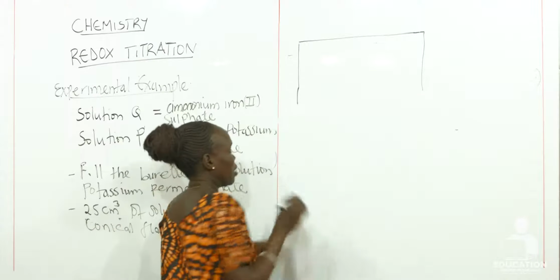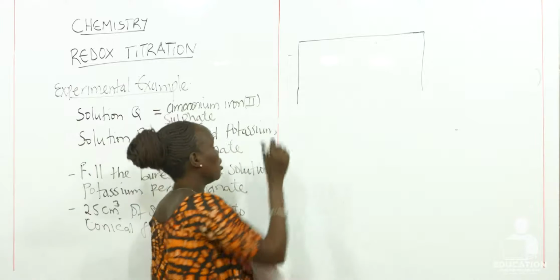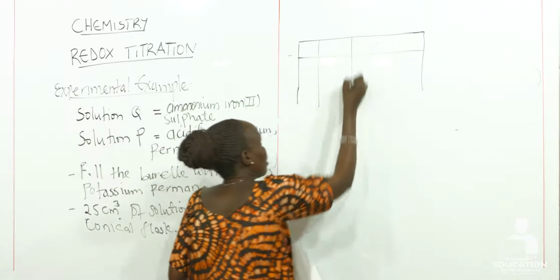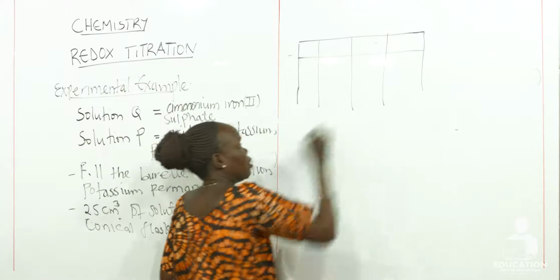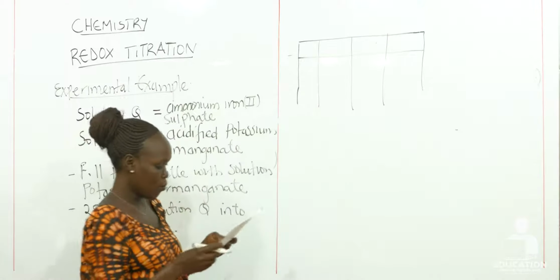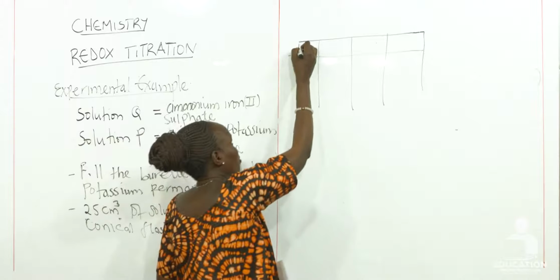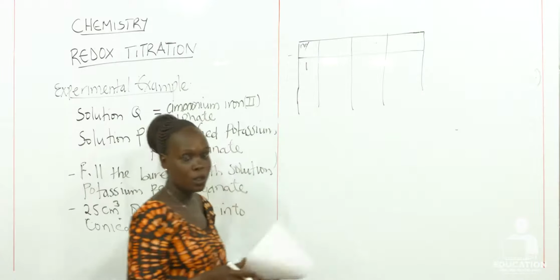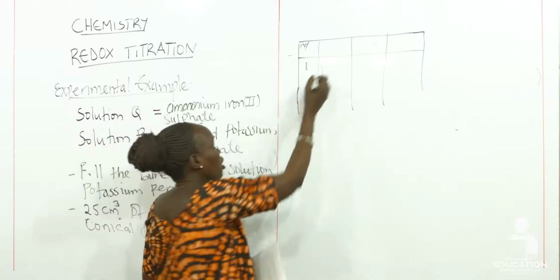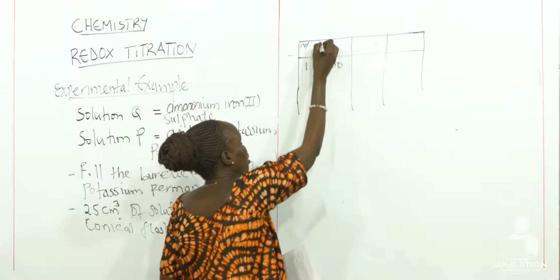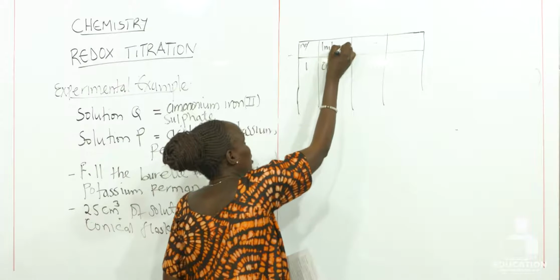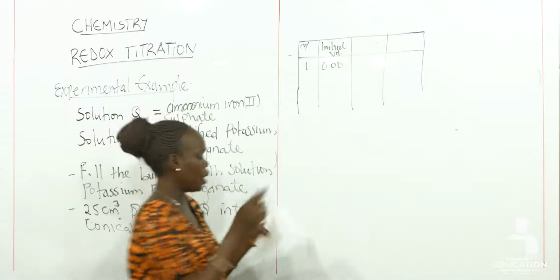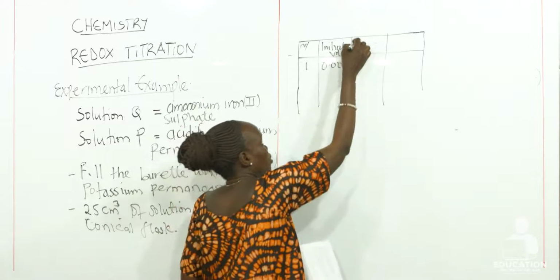we have to remember that the first titration here was, the initial volume, and then we have the final volume. So the titration number 1 gives us 16.1, which is the final volume.